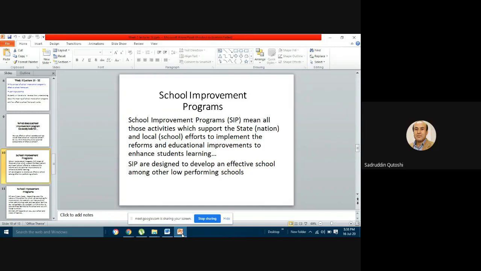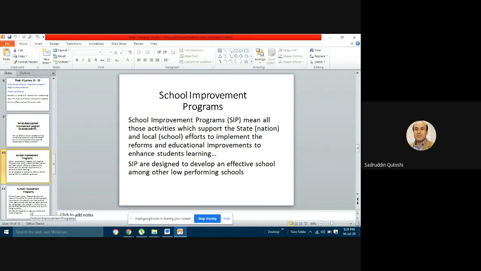School improvement programs are designed and developed to fulfill your school-specific needs in the light of the effective school framework, so that you should perform near to, or equivalent to, those effective schools. That is the basic purpose and the basic meaning of school improvement programs.